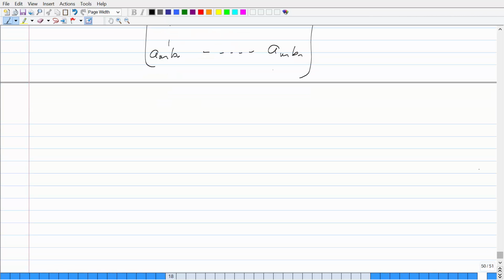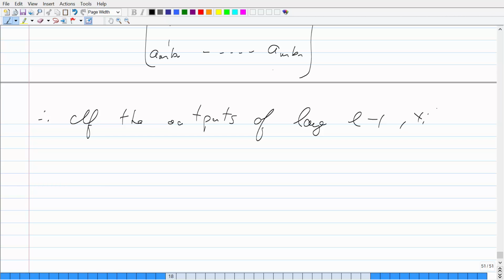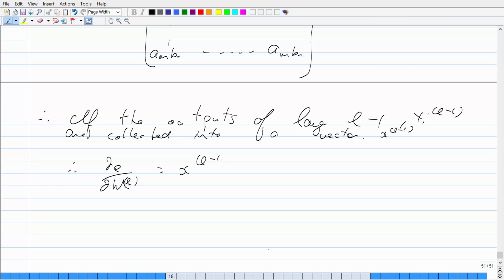Therefore, the outputs of layer L minus 1 are collected into a vector. Therefore you can compute the sensitivities quite easily: X of L minus 1 times the sensitivity vector transpose.